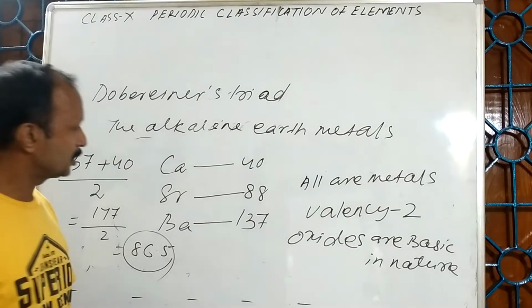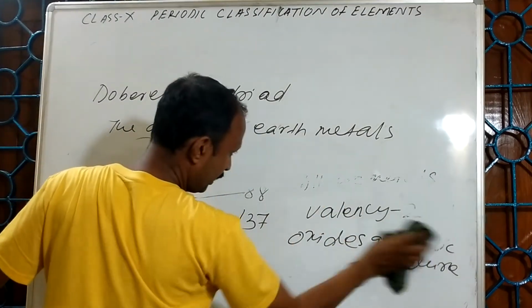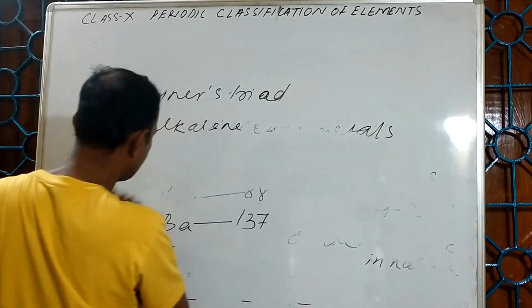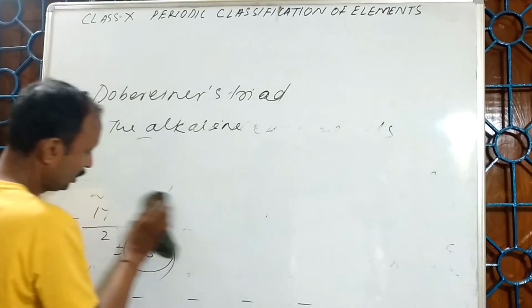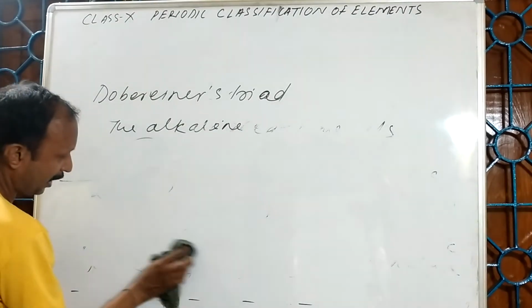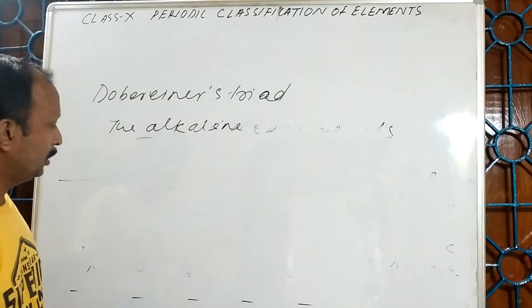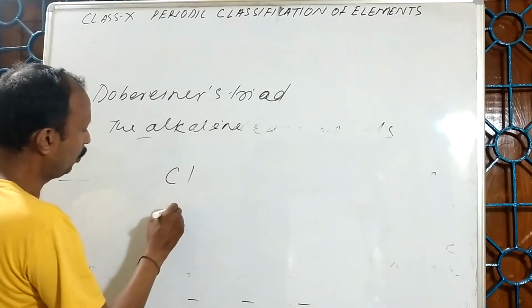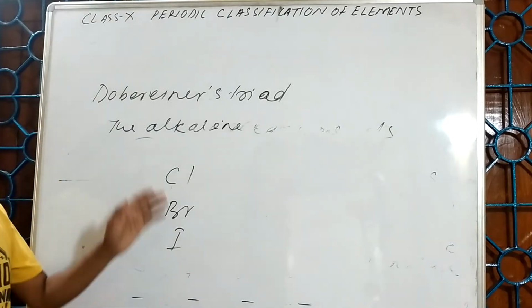One more group was also suggested by Dobereiner, that is the halogen group. Children, you know chlorine, fluorine, bromine, iodine, these are the halogens. Here he proposed chlorine, bromine, iodine in one group.